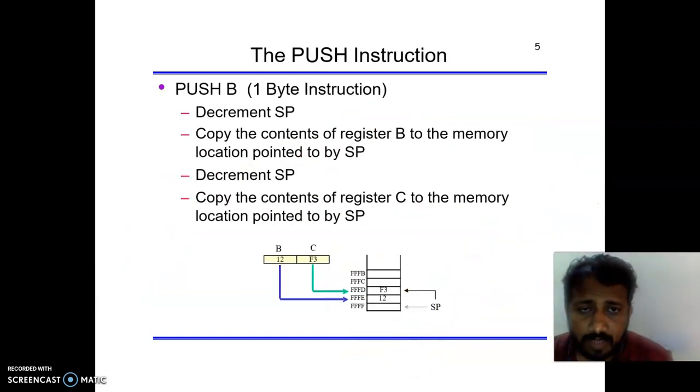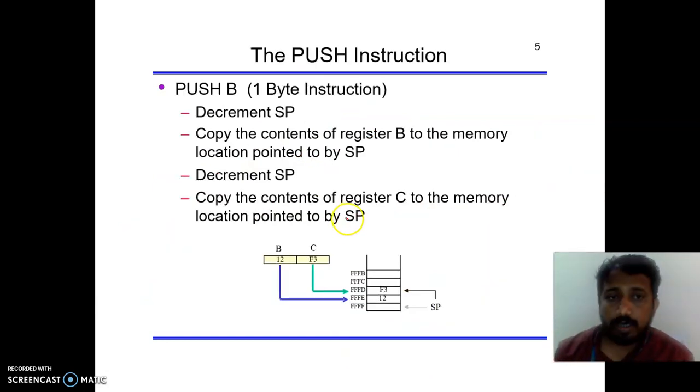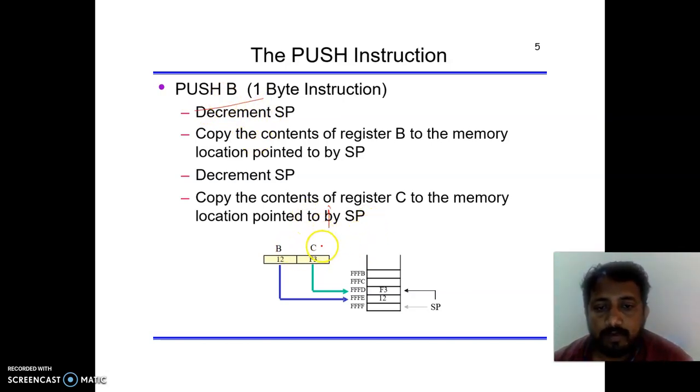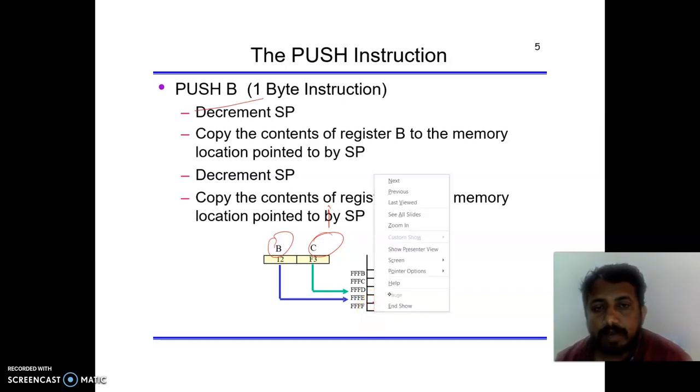So this is another use of a stack. Here, for example, we are going for a push B. This is a simple 1 byte instruction. Push B works on the B and C register pair. First it decrements the stack pointer by 1.